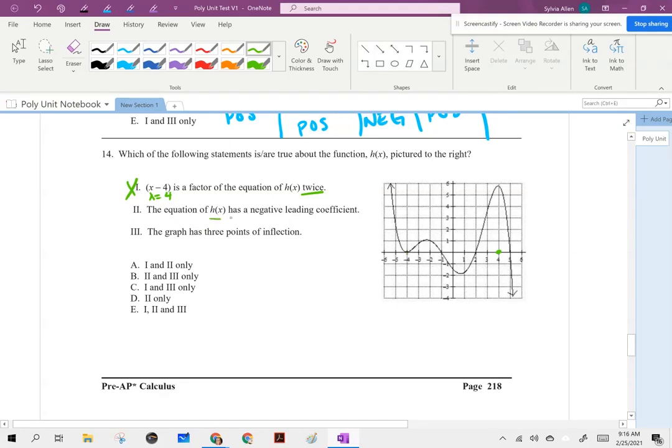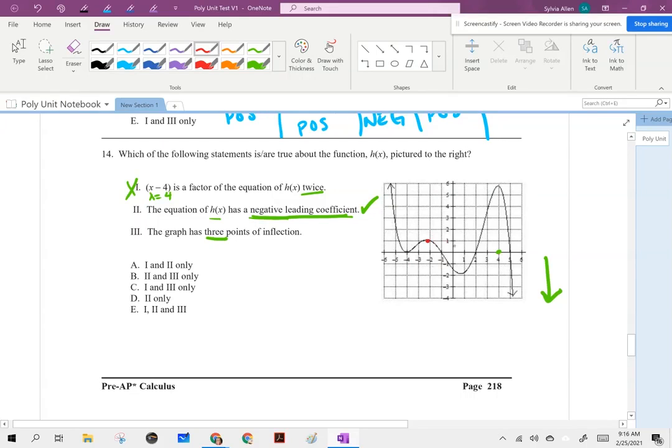The equation of h of x has a negative leading coefficient. Remember, the negative leading coefficient tells me that I'm falling to the right, so that's true. And the graph has 3 points of inflection. So let's go ahead and count those. So at negative 4, that is not an inflection point. That is tangent to the x-axis.